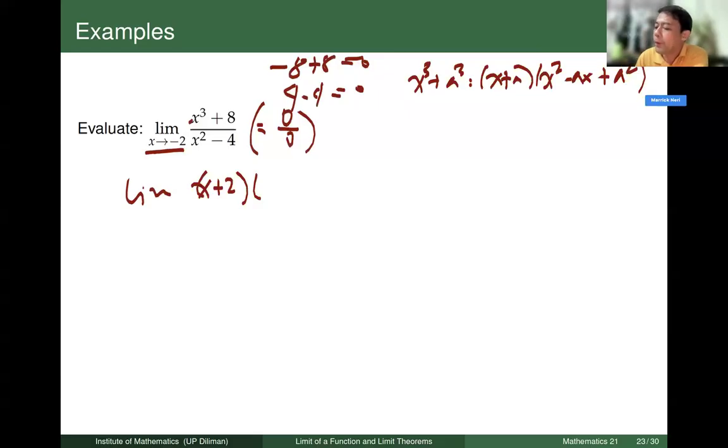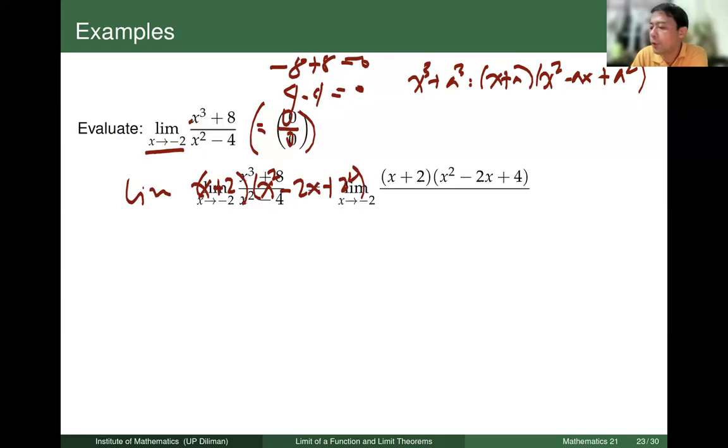Okay. So this will be x plus 2, x squared minus 2x plus 2 squared, or that is 4. Okay, so tingnan natin. Okay, so tama. Okay.